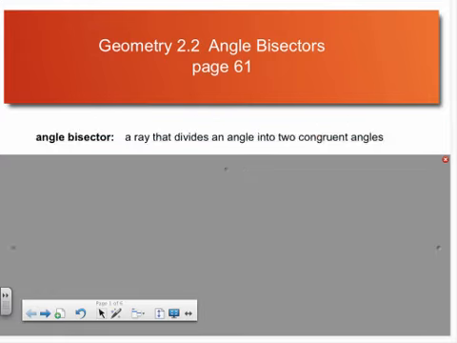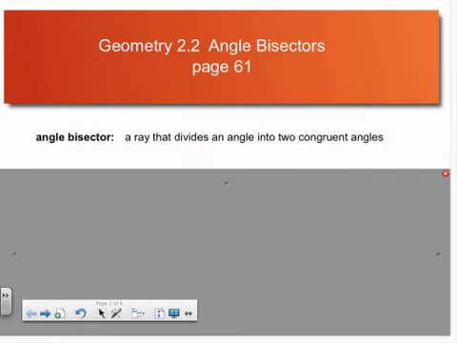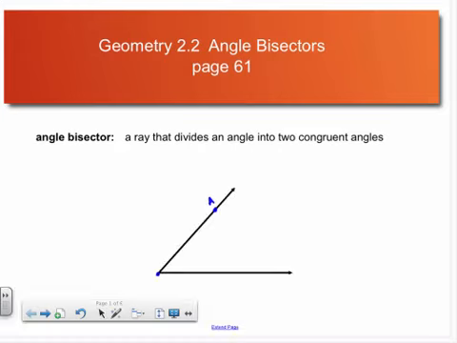Most of you can probably figure out what an angle bisector is just from knowing what the word bisect means. An angle bisector is a ray that divides an angle into two congruent angles. So below here, we'll call this angle ABC, with B as its vertex. And then I'm going to draw in ray BD here, and that will be the angle bisector for this angle.